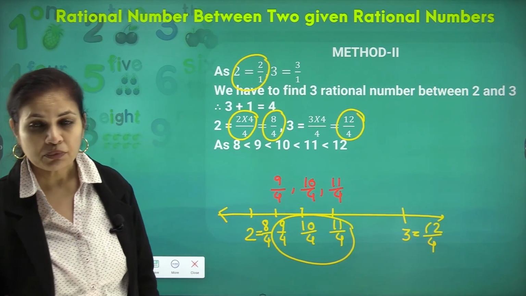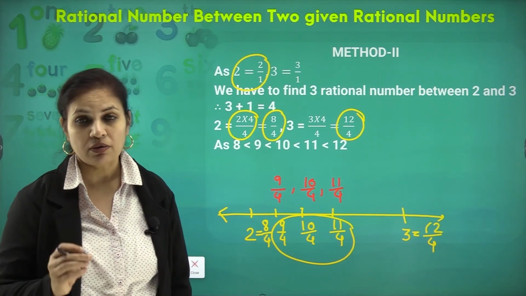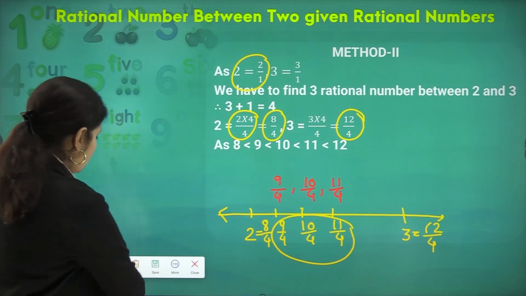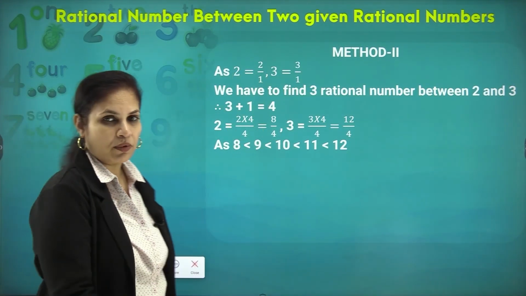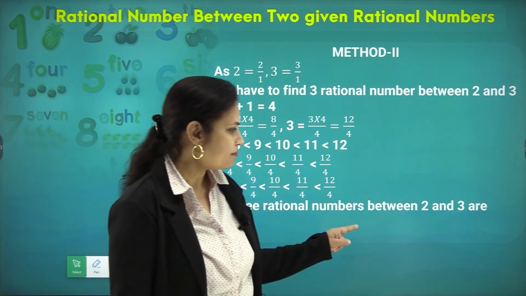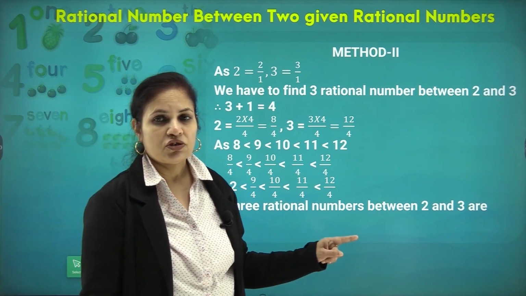So, basically what is the idea? The idea is just to convert the denominator. And how do we convert the denominator? We convert it by making the denominator 1 more than the required number of rational numbers. So, if 3 rational numbers have to be inserted, we make the denominator 4.